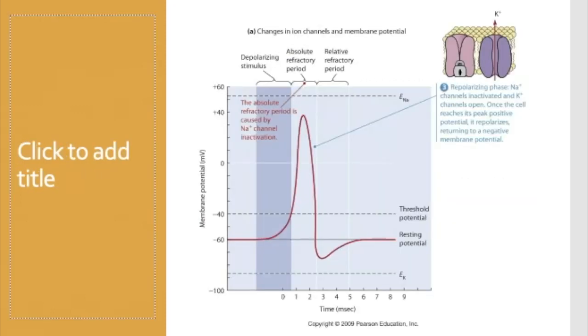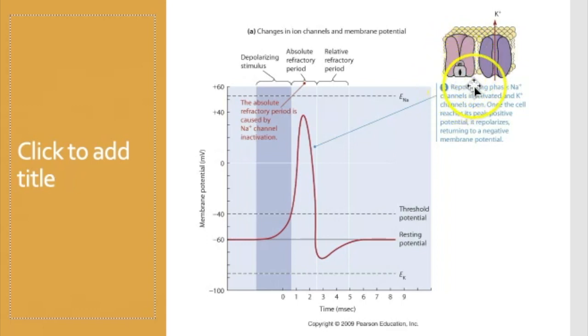This was another graph that we looked at in the lecture, helping us to visualize these time periods and phases of the action potential. You can see that the absolute refractory period occurs right around here. This is the time when sodium channels, shown in pink, are not only closed, and they're showing us that by having the walls touching each other, but they're also inactivated.